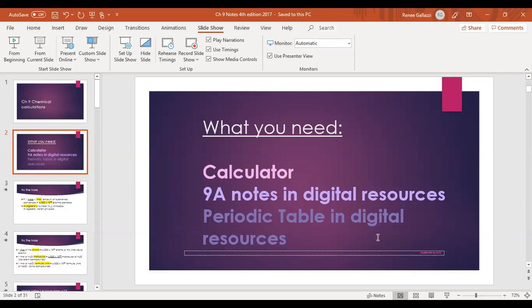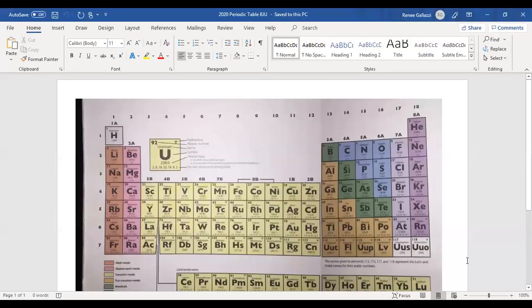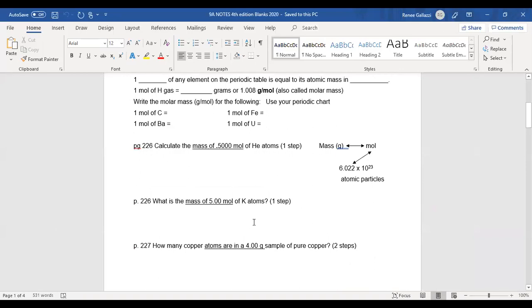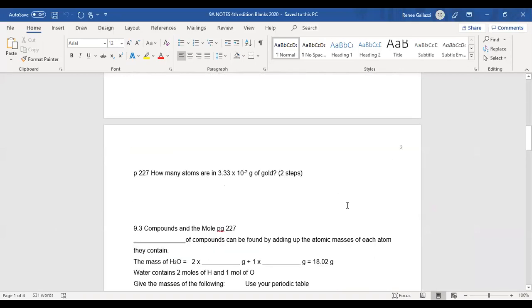And do you need your periodic table and digital resources? I have those all uploaded for you. Let me go ahead and show you. Remember, textbook, periodic table. I have this in digital resources for you. And then this is your notes 9A in digital resources that you can get. Hopefully you can print it out and fill it out because there's a lot of problems here that you're able to work out as we do the notes.